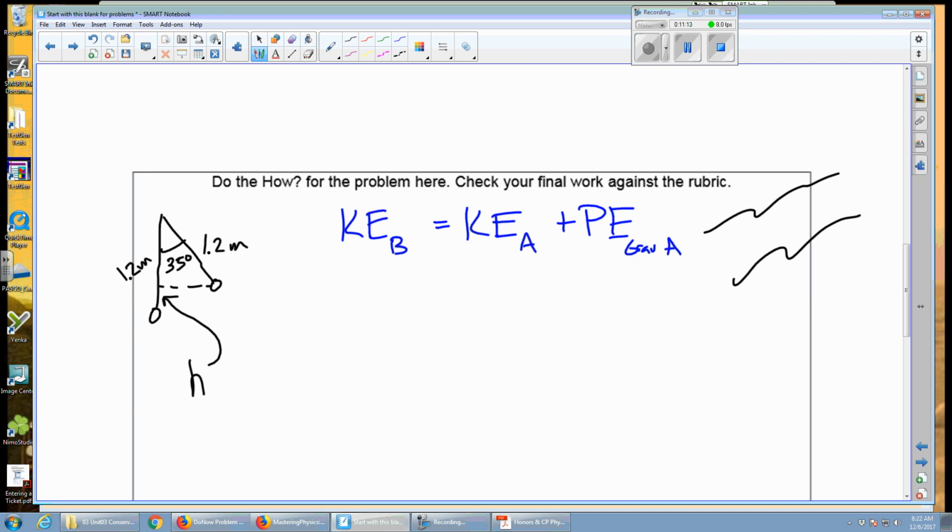So, therefore, h will equal 1.2 meters minus 1.2 meters cosine 35 degrees. A little geometry, a little trig, right? You've got a right triangle there.